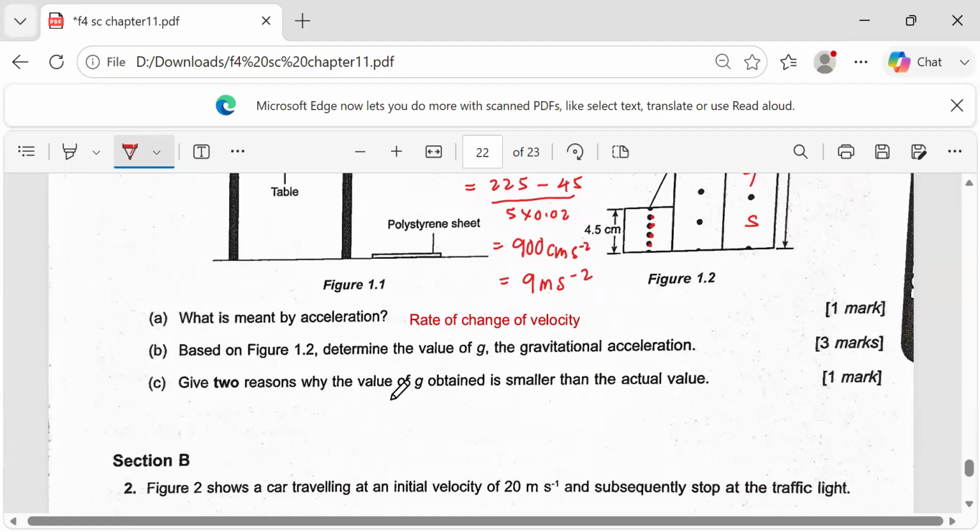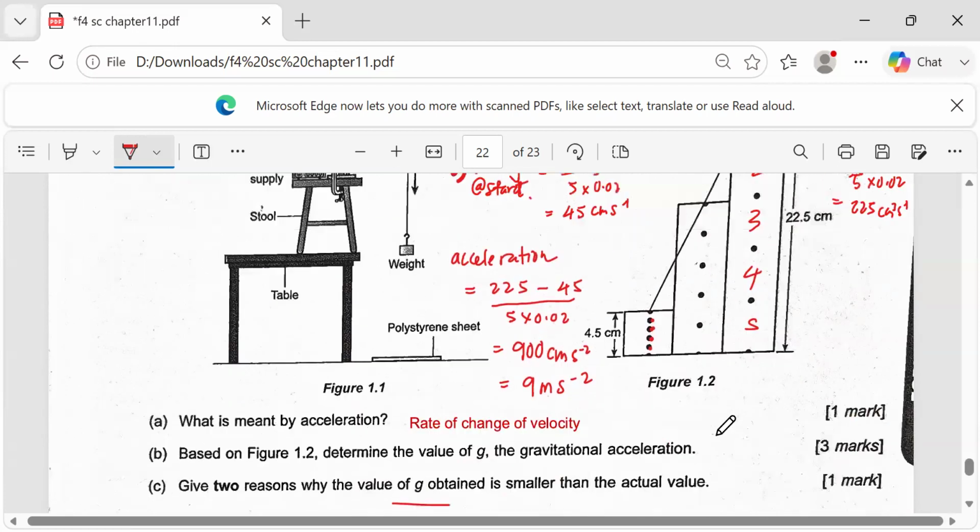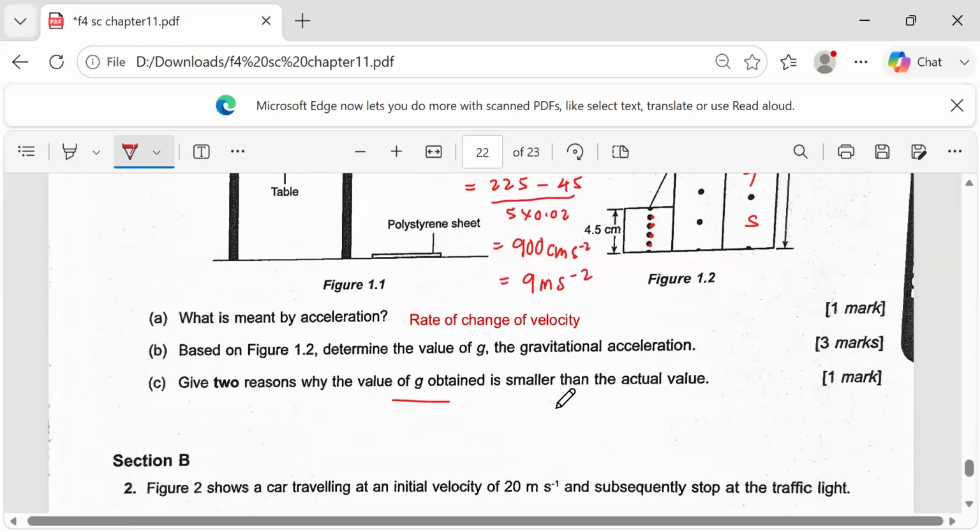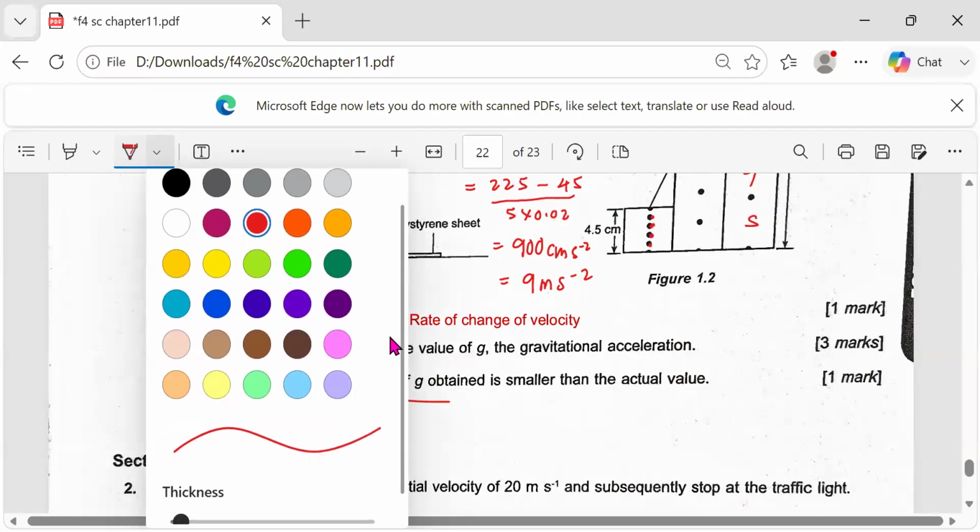Give two reasons why the value of g is smaller than the actual value. What is the actual value? 10, right? Why is it not exactly right? Because what we calculate cannot be exact. Why?